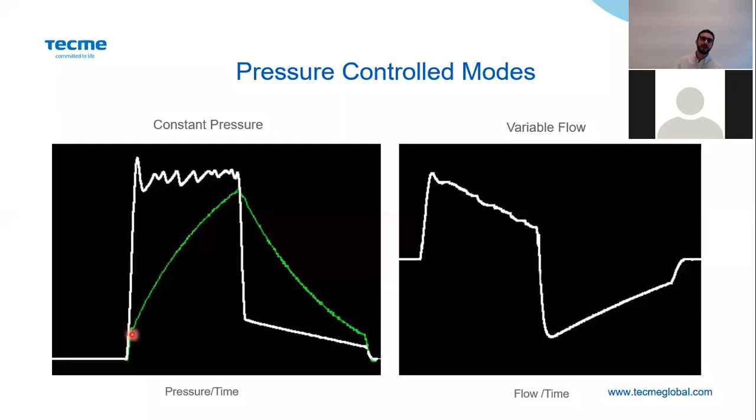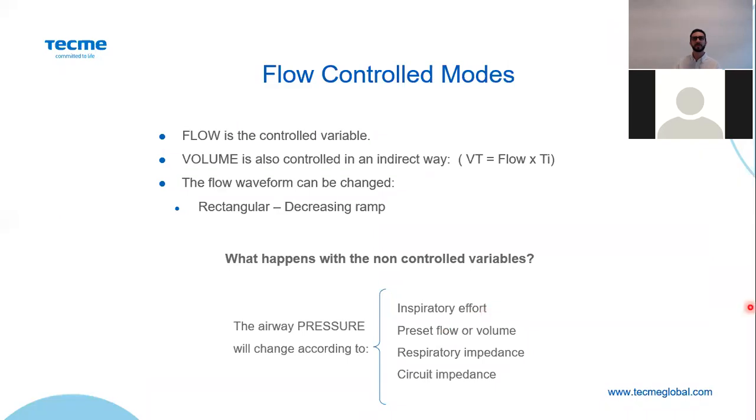The volume will change according to this pressure, but you are not controlling the volume. And here you have the flow, and this flow is variable. You are not controlling the flow. So that's a general idea of a pressure control mode.